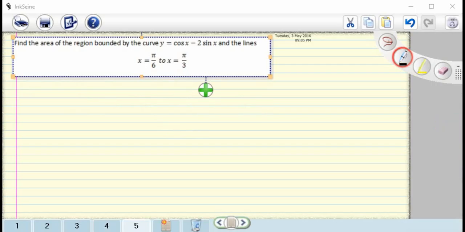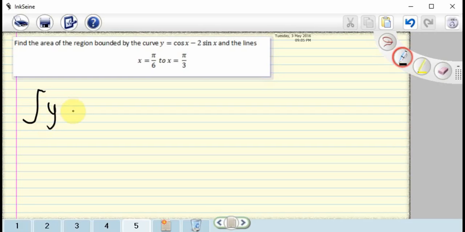Let's look at another example now. It says find the area of the region bounded by the curve y equals cos x minus 2 sin x and the lines x equals pi by 6 to x equals pi by 3. Remember, you have to integrate y dx from a to b, where a and b are the limits.